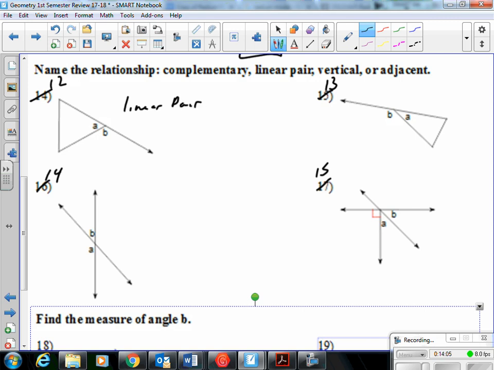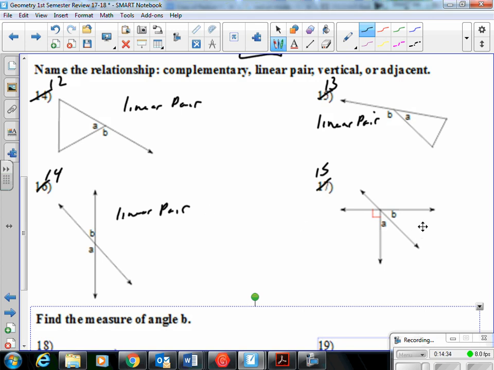Number 13, basically almost the exact same setup as 12, side by side, making a straight line. So once again, 13 is a linear pair. 14, side by side, making a straight line. Linear pair.